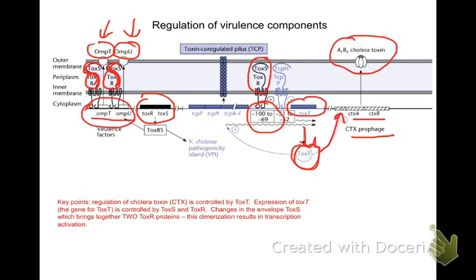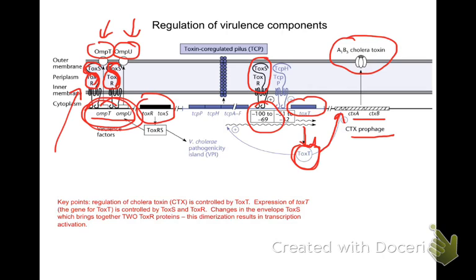Now the reason that this is unusual, and this was work that was done by Virginia Miller and John Mekalanos's lab at Harvard, is because normally when we've been talking about DNA binding proteins, they've been in the cytoplasm. And this turned out to be a very unusual case because ToxR is an intermembrane protein, and yet it binds to DNA and activates transcription.